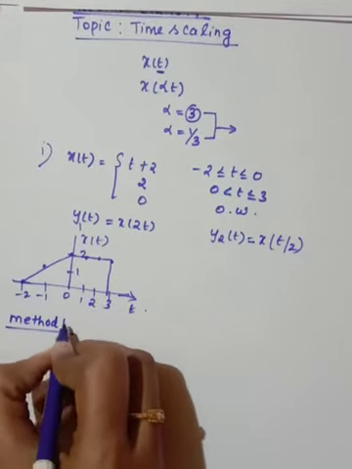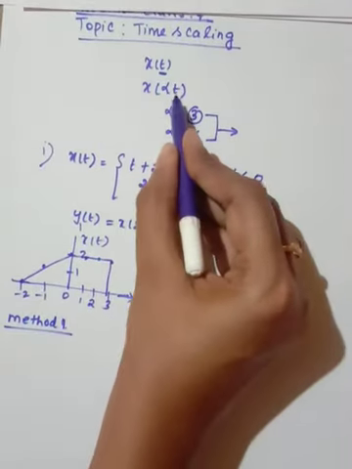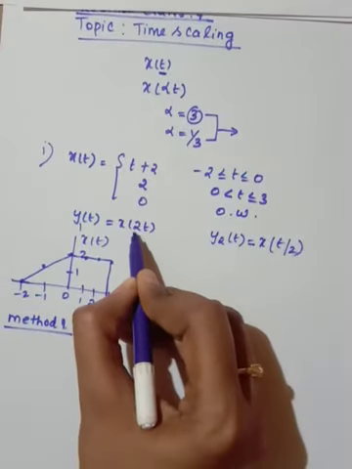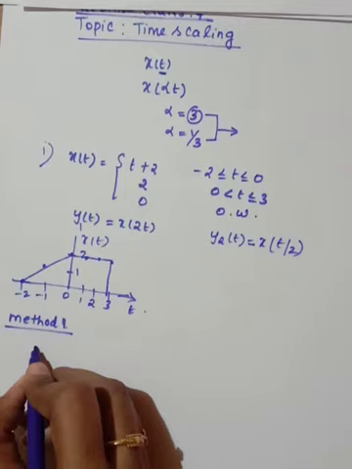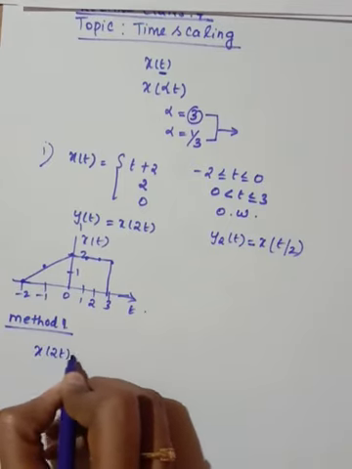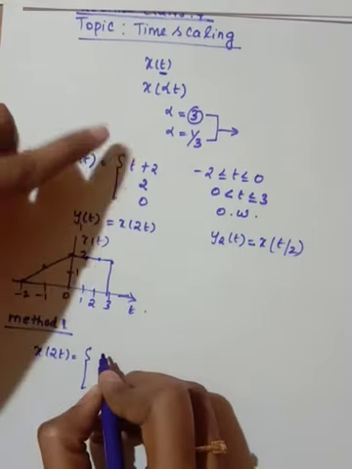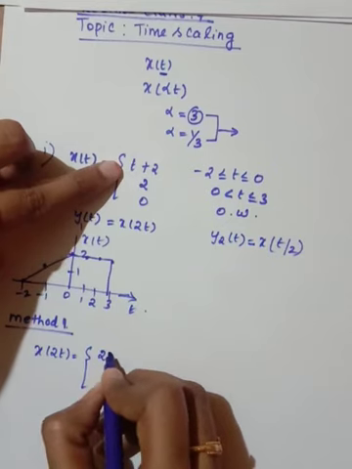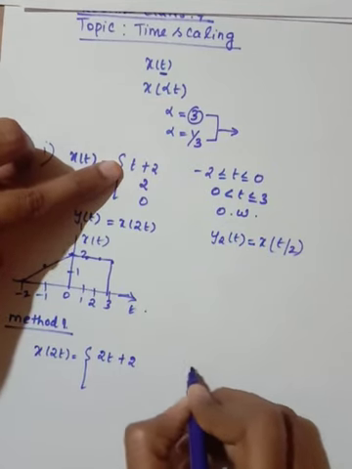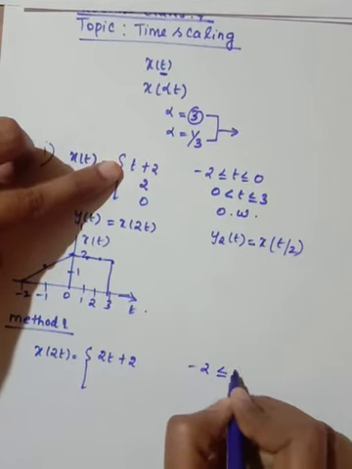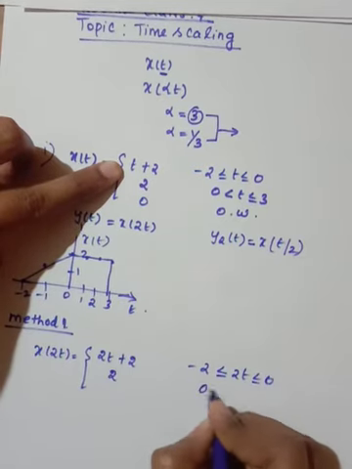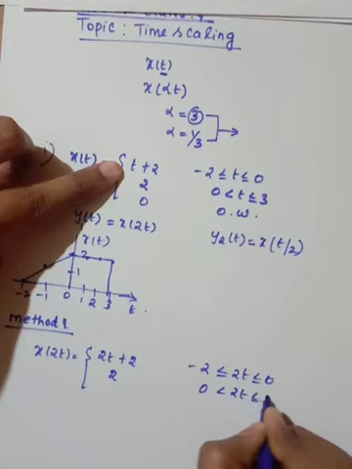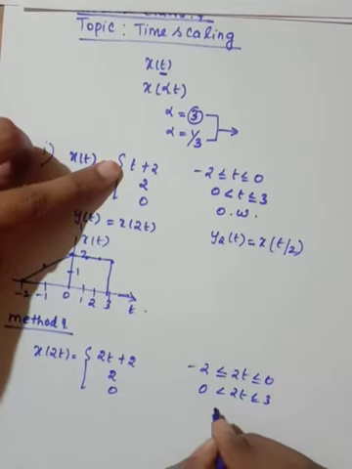Just by substituting the value for t, here we substitute 2t. So x of 2t is equal to, wherever you have t, you substitute 2t plus 2, for minus 2 less than 2t less than or equal to 0, and 0 less than 2t less than or equal to 3, and 0 otherwise.